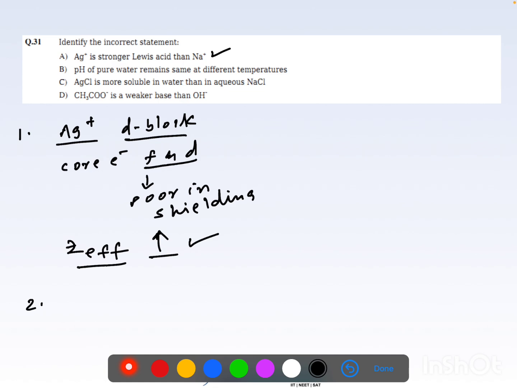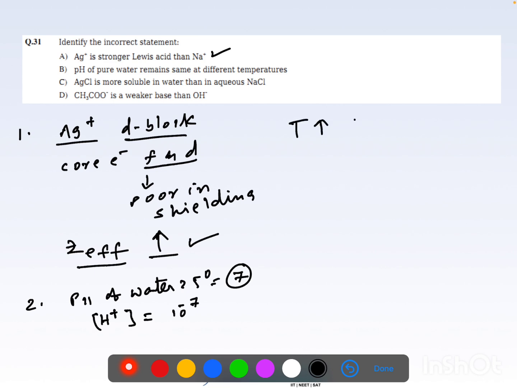Second statement, pH of pure water remains same at different temperatures. So pH of water at 25 degrees is 7 because at 25 degrees hydrogen ion concentration is 10 to the power minus 7. But if temperature is increased, hydrogen ion concentration will increase.